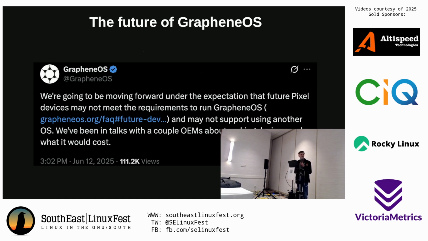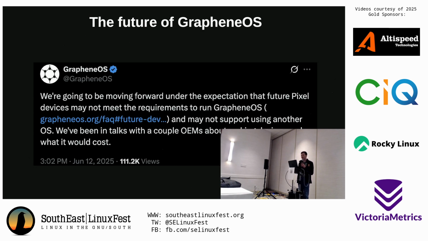And it does bring into question the future of GrapheneOS on Pixel devices as a whole. They're going to try to support the current selection of Pixel devices for as long as they possibly can, and there's probably a good chance they will be able to for quite a long time. However, it does bring into question if they will be able to port GrapheneOS easily enough to newer Pixel devices, and if newer Pixel devices will have the requirements that GrapheneOS set for GrapheneOS as an operating system.